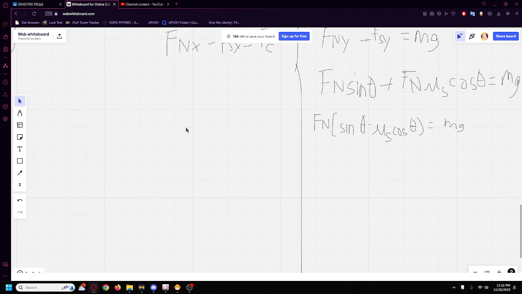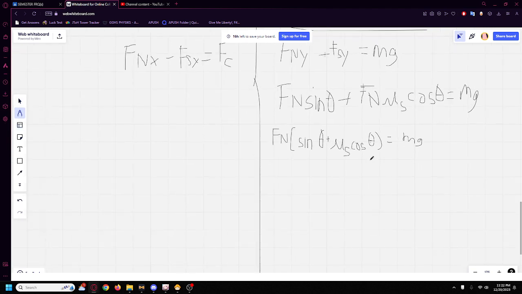But instead of minus mu s cosine theta, you add it and you divide it over, so we FN is equal to mg divided by sine theta plus mu s cosine theta.